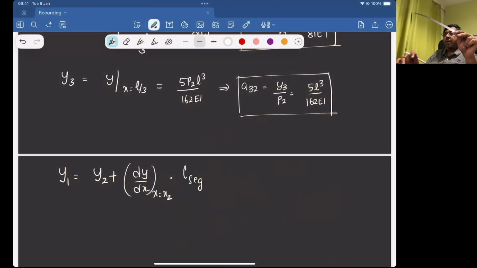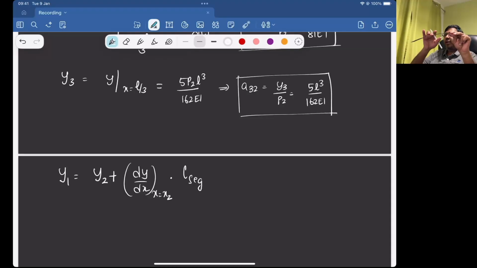So all I have is the deflection at the point y2. I know the slope of this line, and the slope is not changing because there's no deflection. I know the horizontal distance between point 1 and point 2.